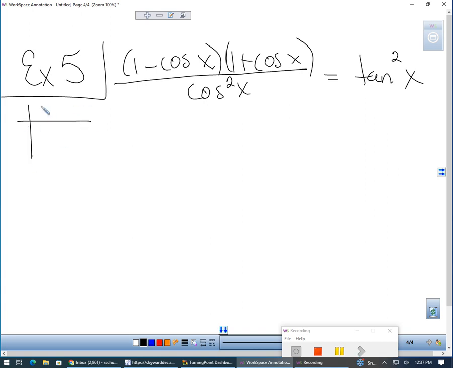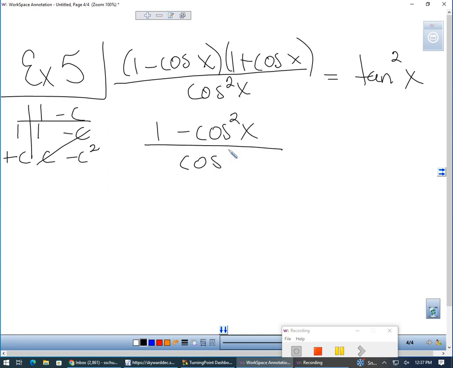Because it's 1 minus c and 1 plus c, right? If I were to multiply these together, 1 times 1 is 1. We get negative c, positive c. Negative c times c is negative c squared. Right? So this top actually multiplies to 1 minus cosine squared x over cosine squared x.